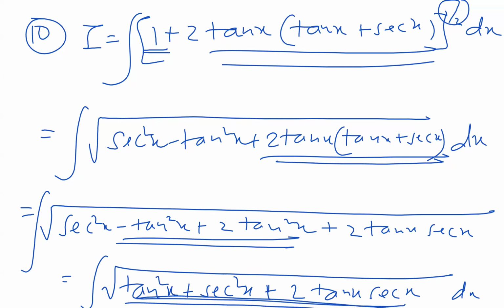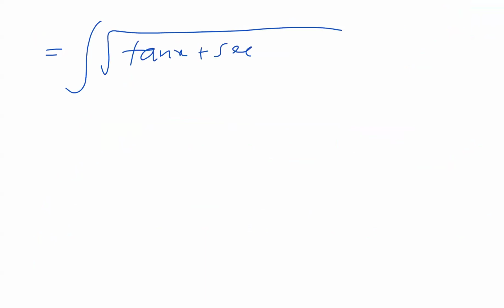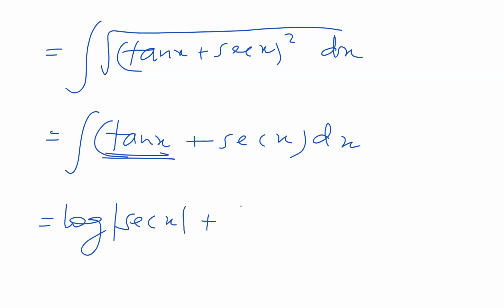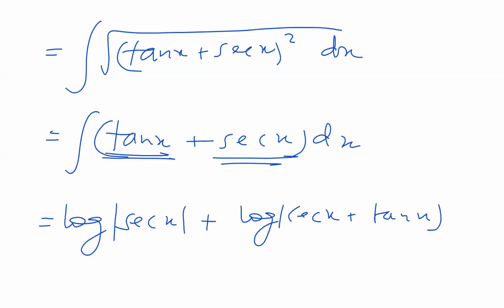Now this is a plus b the whole square, where a is tan and b is sec. So within the root it is a plus b the whole square. So this is integration of a plus b the whole square, tan x plus sec x dx. Integration of tan x is log mod sec x. Integration of sec x is log mod sec x plus tan x.